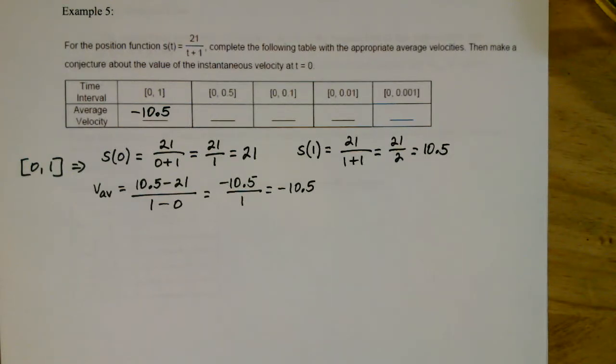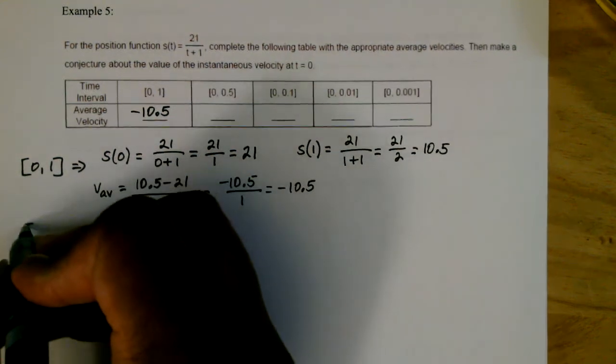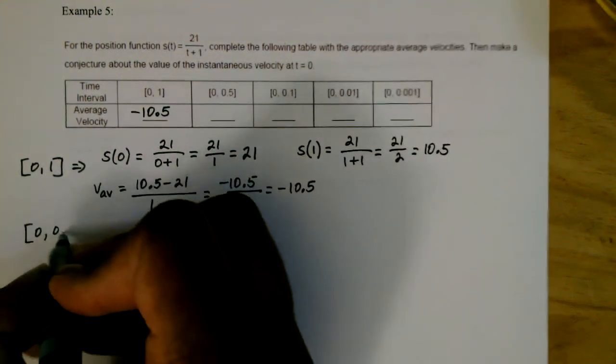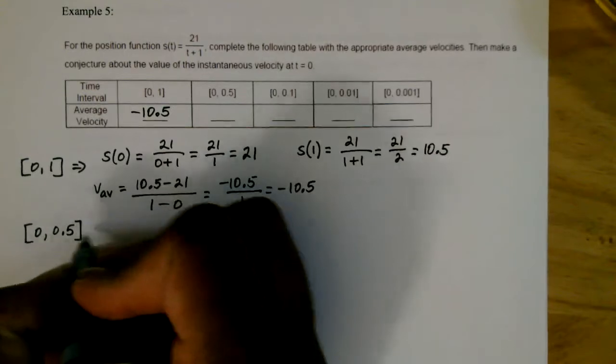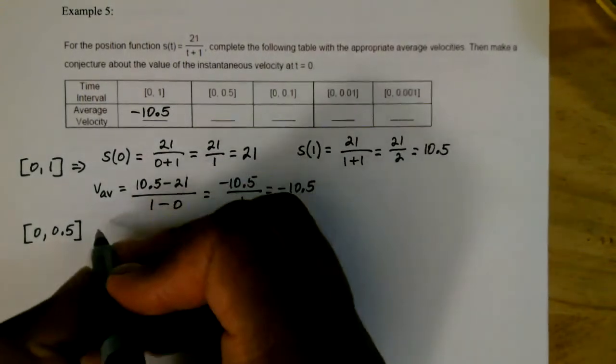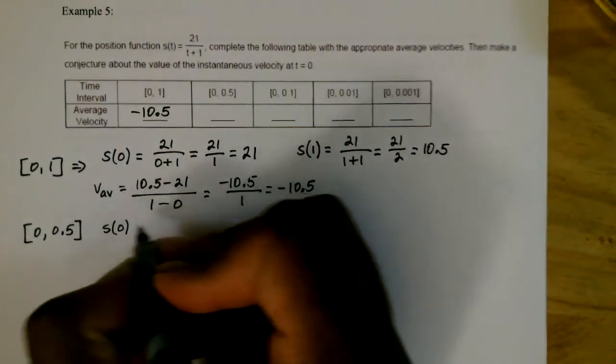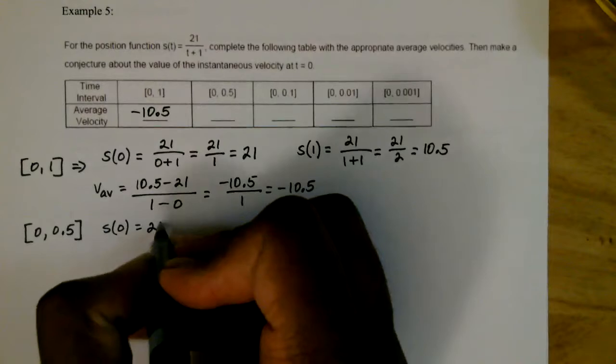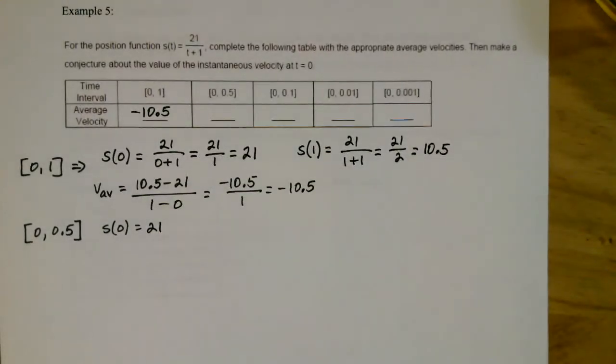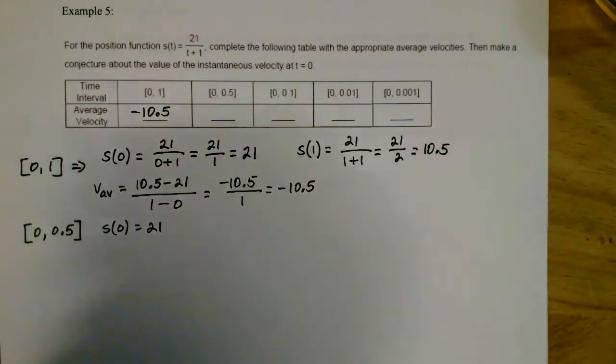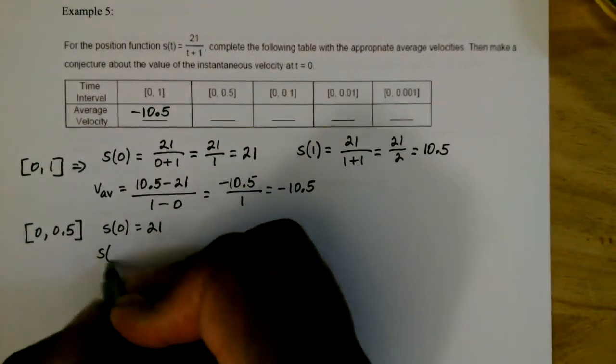Now from 0 to 0.5. Well, I know what S of 0 is. That's 21. Okay. Now, what about S of 0.5?